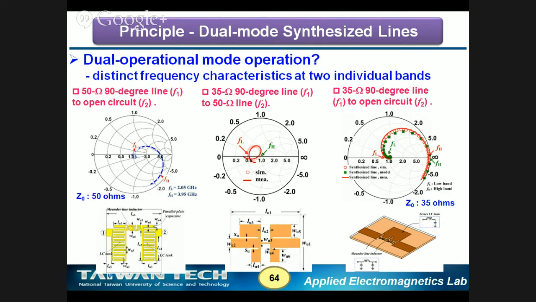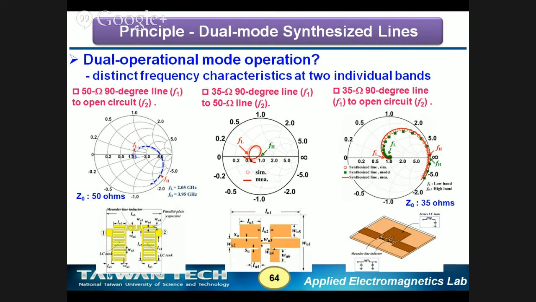Each time we have something in mind. For example, at a certain frequency, say 2.5 gigahertz, we would like our transmission line to be 35 ohm and 90 degrees. And at 5 gigahertz, we would like the line to become open circuit.